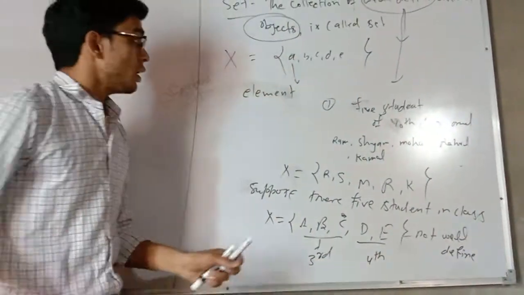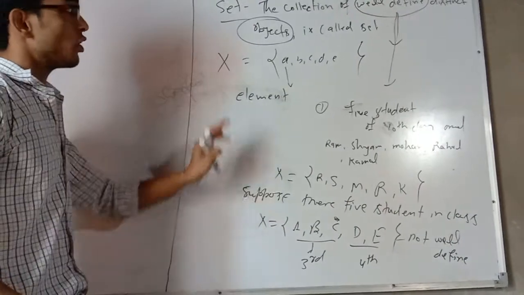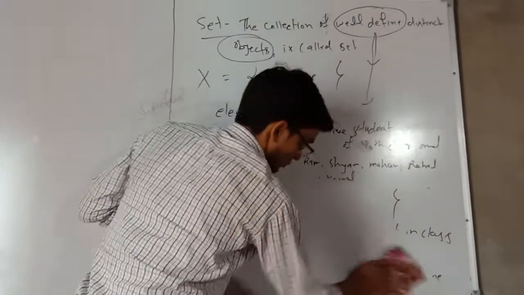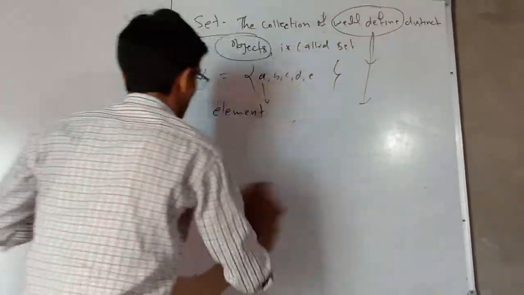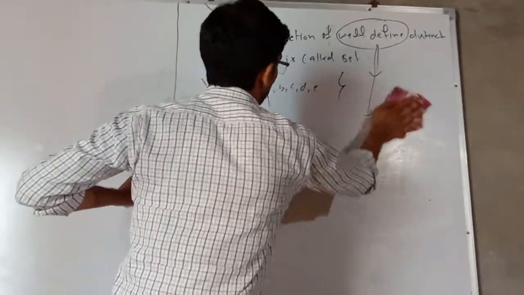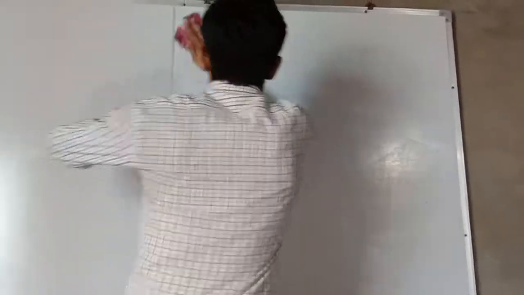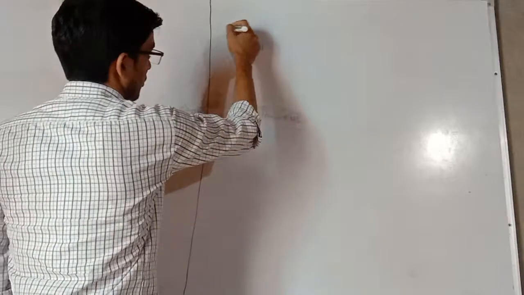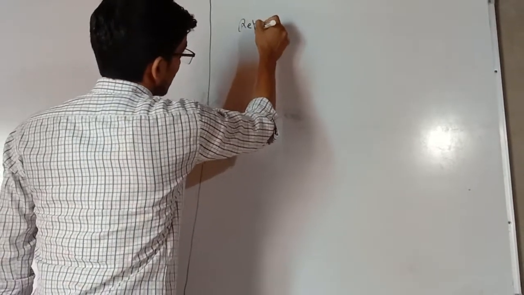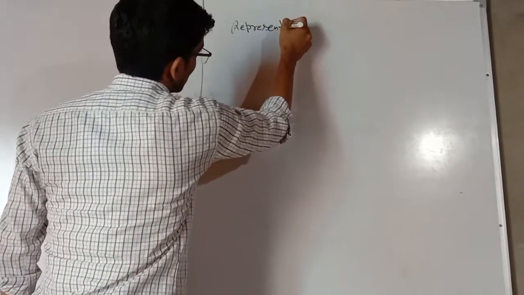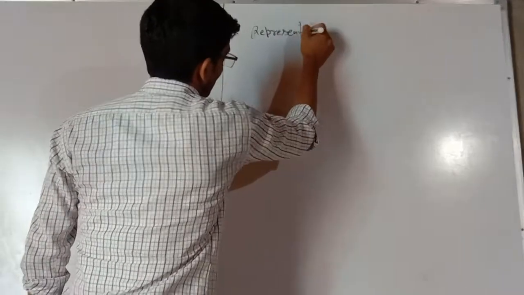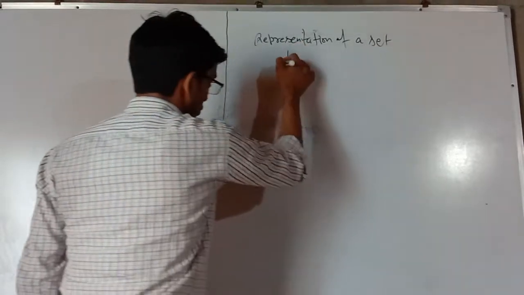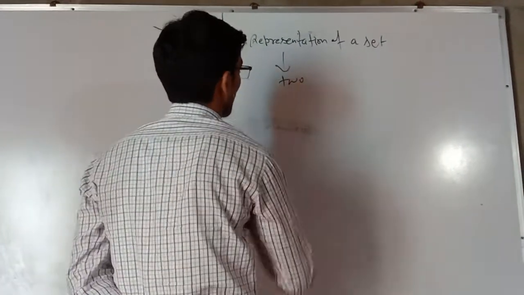Now I will talk about the representation of a set. How to represent a set. There are two methods of representation of a set.